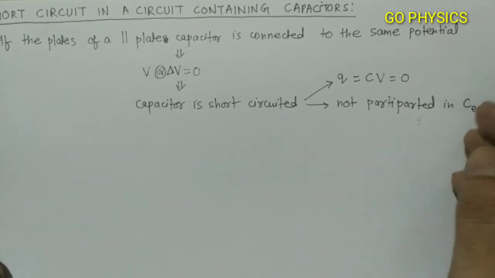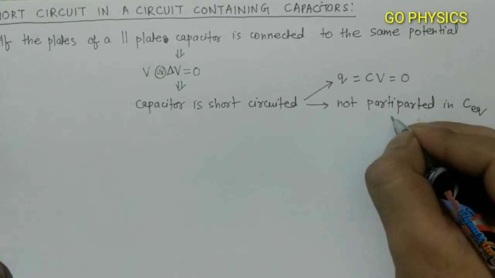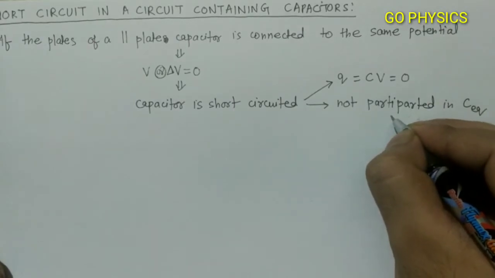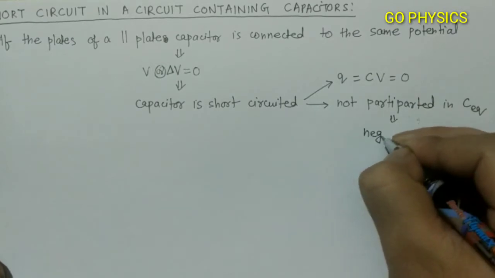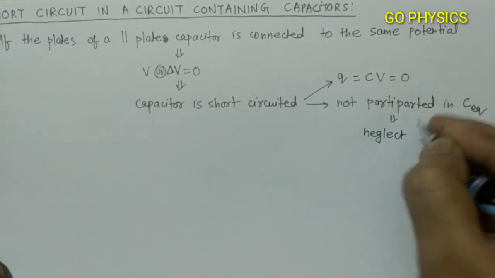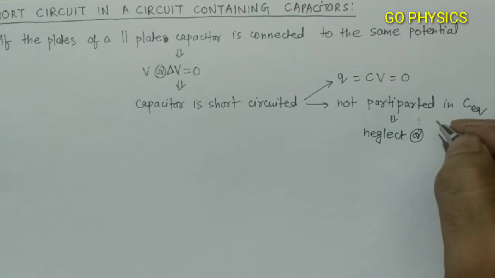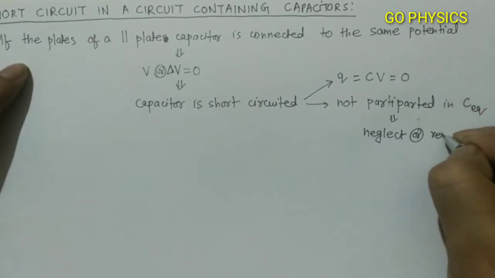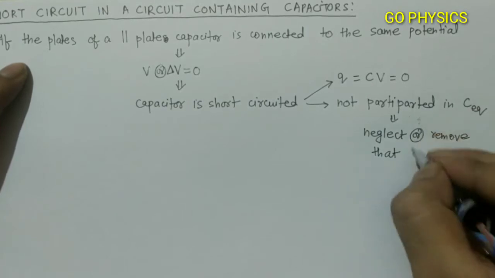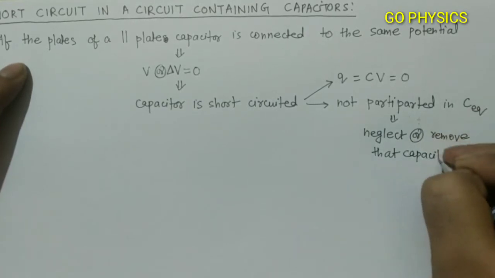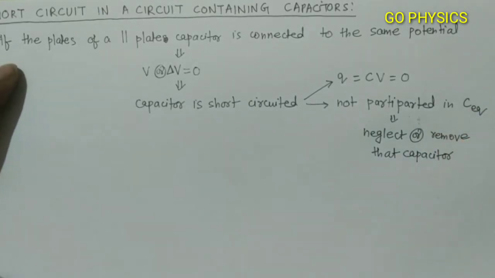So if it does not participate in C equivalent, we simply neglect or remove that capacitor from the circuit.